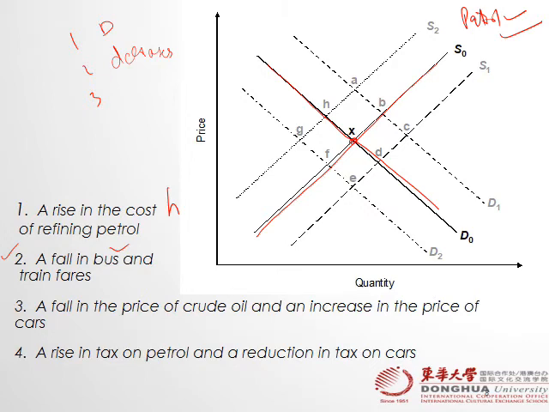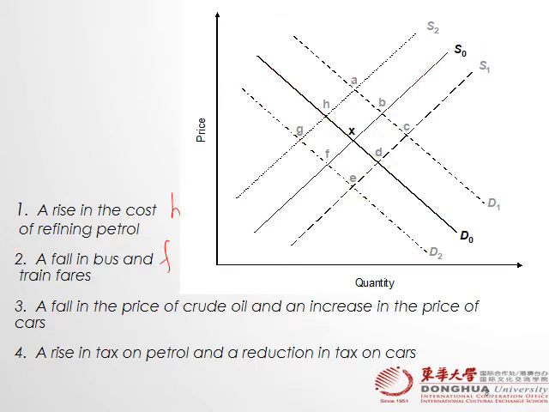So if bus fares and train fares reduce, demand for petrol decreases. And then find the new equilibrium. Demand decreases, so demand shifts to the left. This is the demand, and we have a new equilibrium, that is F. So first is H and then F.